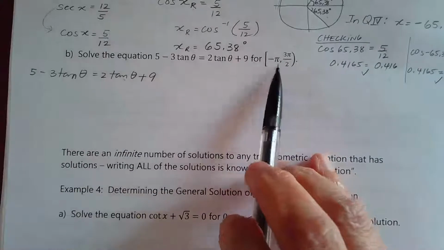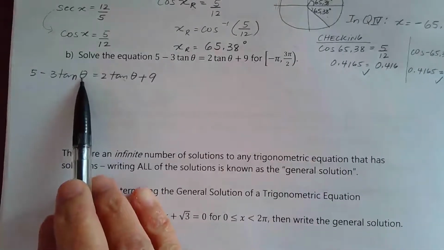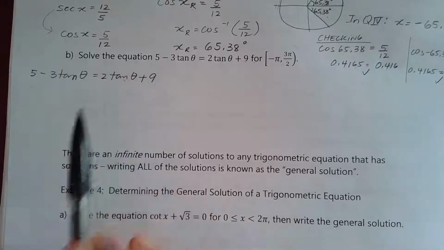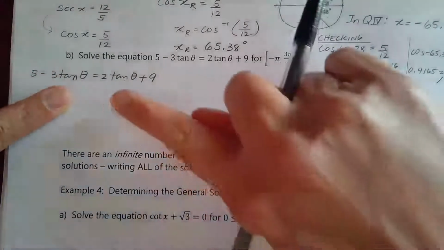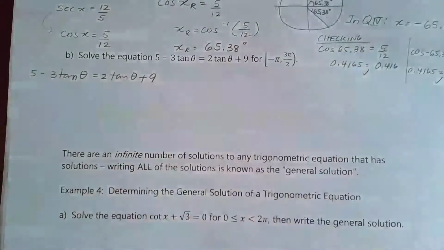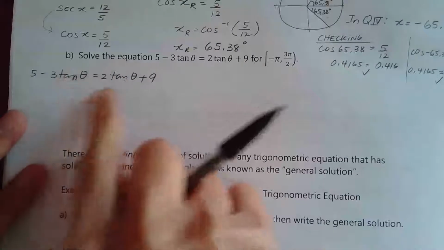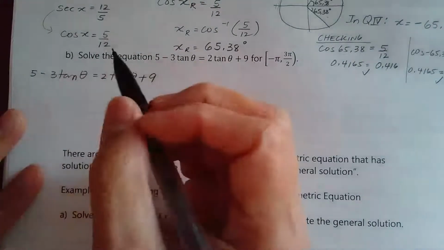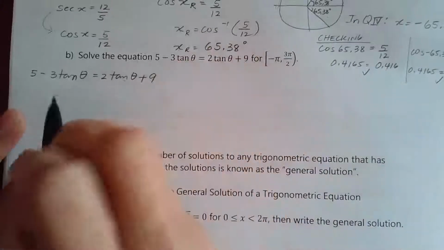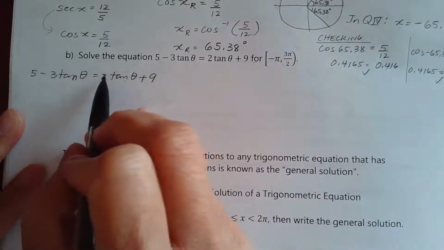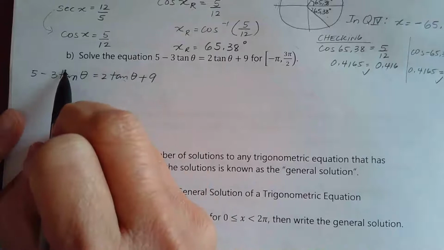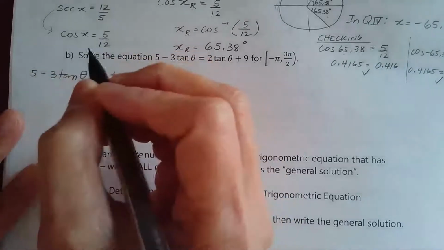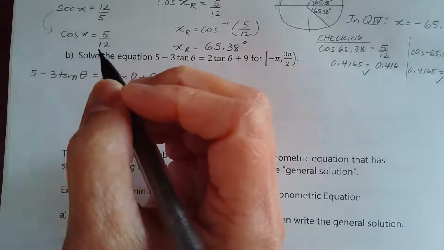Within this domain, so that when we substitute the values, the left side is going to equal the right side. We're going to manipulate this equation so that we can solve for tan theta, and then theta. So I'm going to bring this 2 tan theta over there, and this 5 over there.